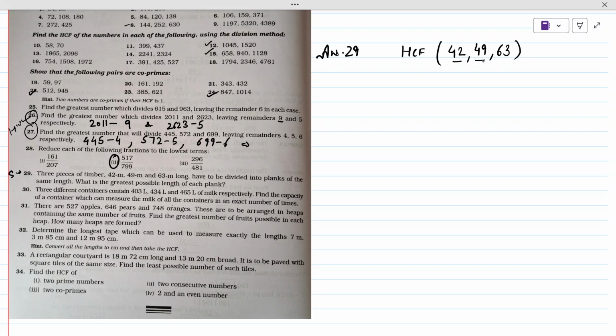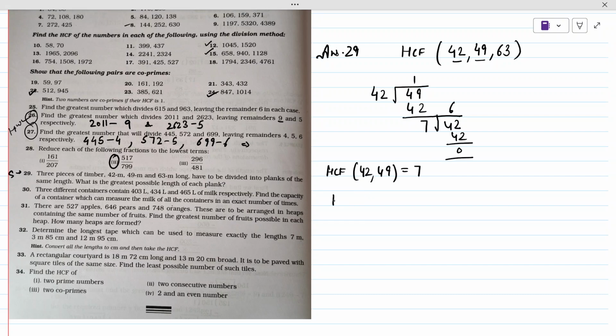First of all, we will pick these 2 numbers, 42 and 49. 49 minus 42 is 7. With 42, it is 6 times. So the HCF of 42 and 49 is 7, because it is giving us the remainder as 0.